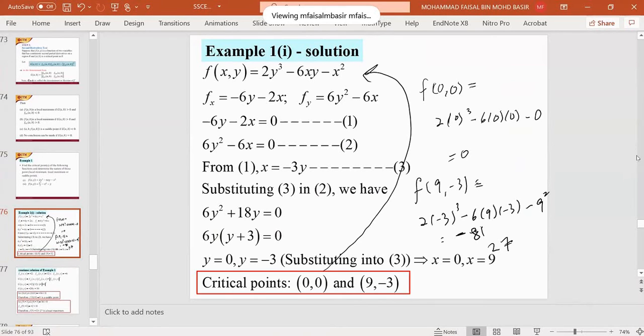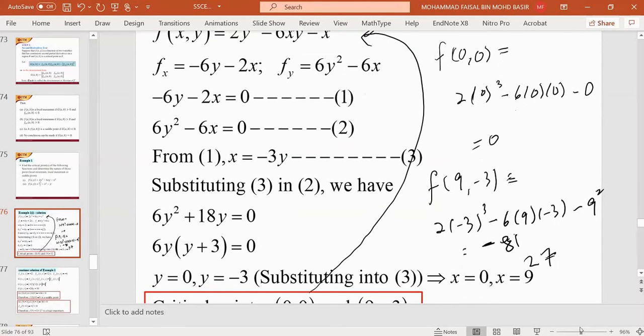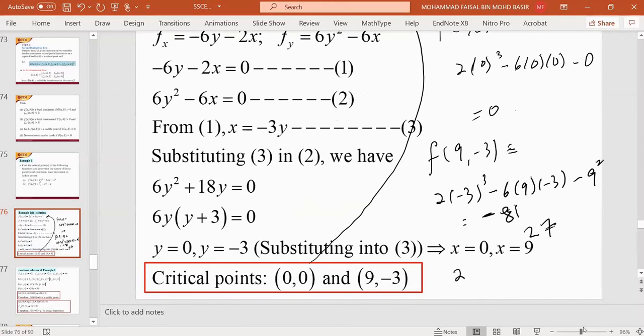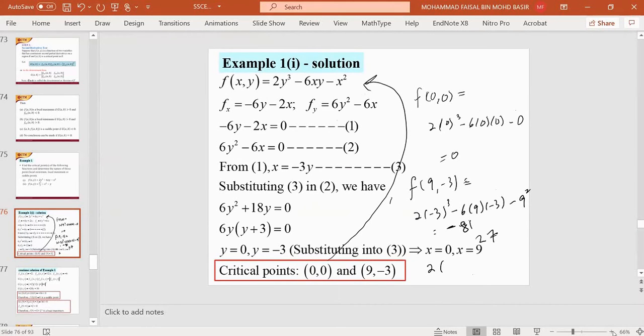Okay. So we check first. This is 2 times 27, with minus, plus, is it?